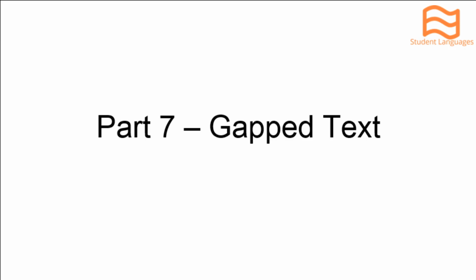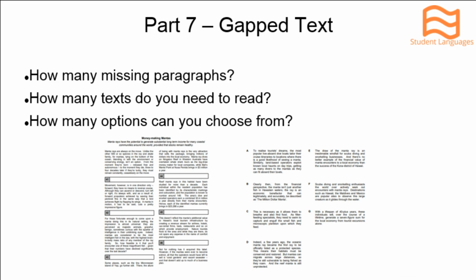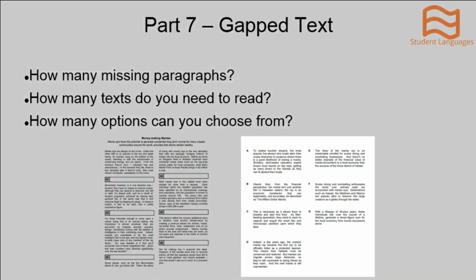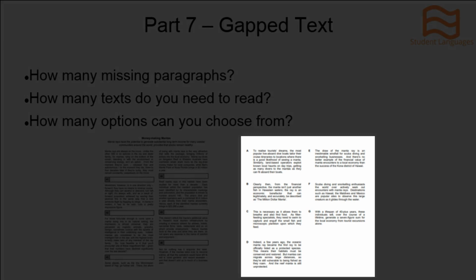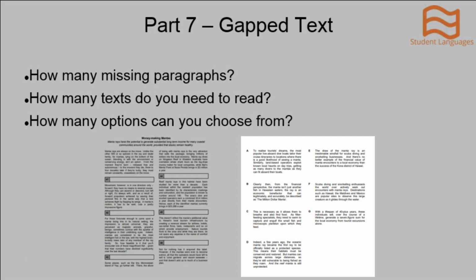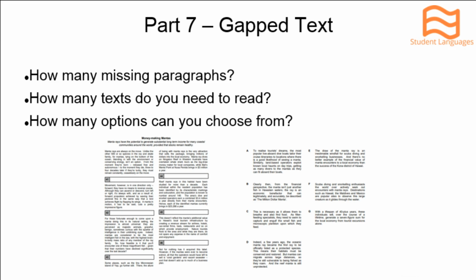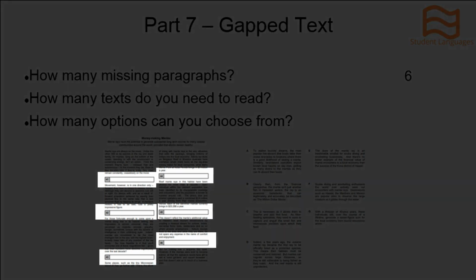Then, part 7 is called gapped text. How many missing paragraphs are there in this text? Because this is the idea, you need to take one of these paragraphs, which you can see here, and put it at a certain point in the text. And how many gaps are there in the text? Well, there are 6 gaps in the text.